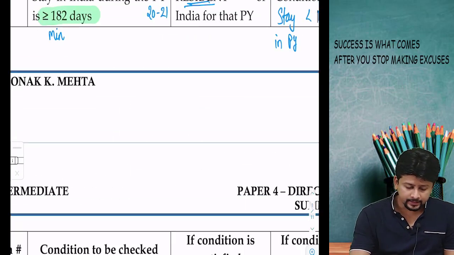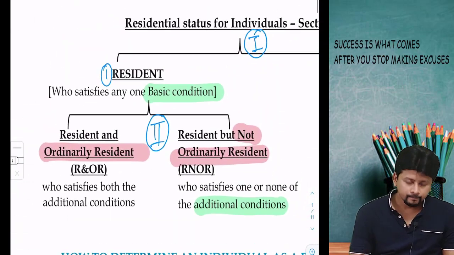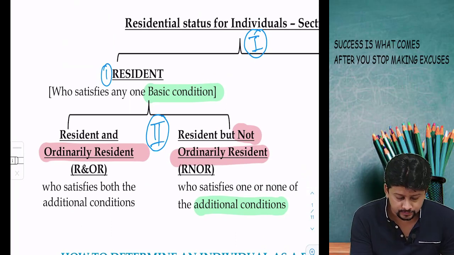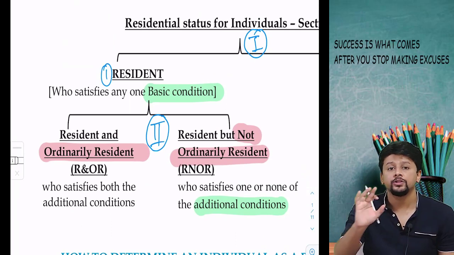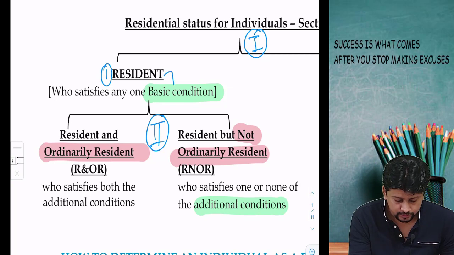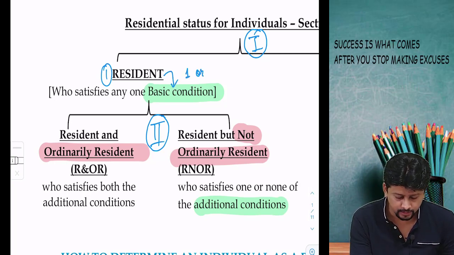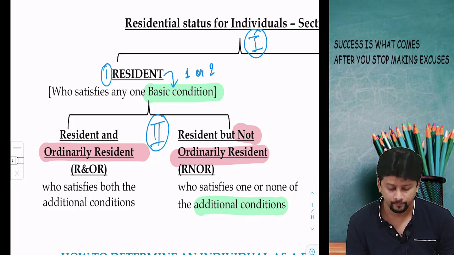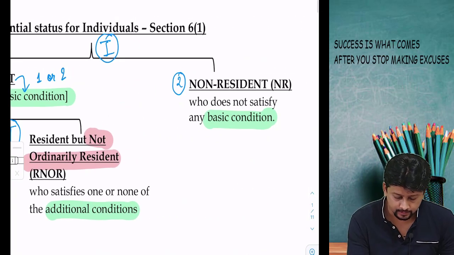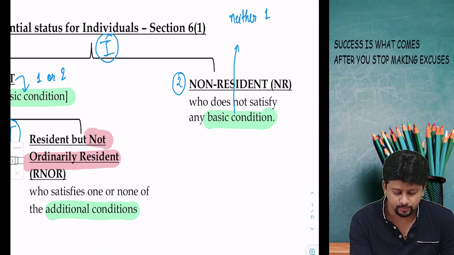That is why at the start I said that an individual is a resident if the individual satisfies any one basic condition. It could be basic condition number 1 or basic condition number 2. But you are a non-resident if neither condition number 1 nor condition number 2 is satisfied.